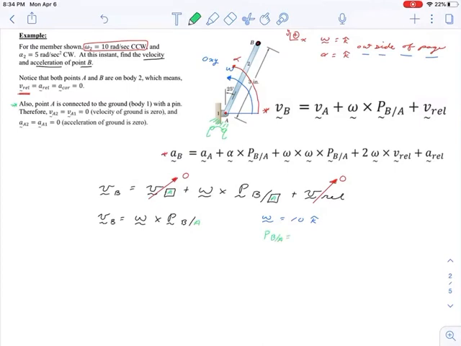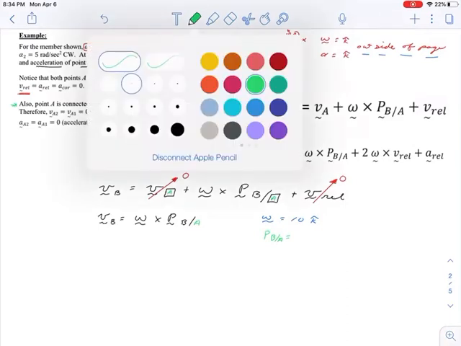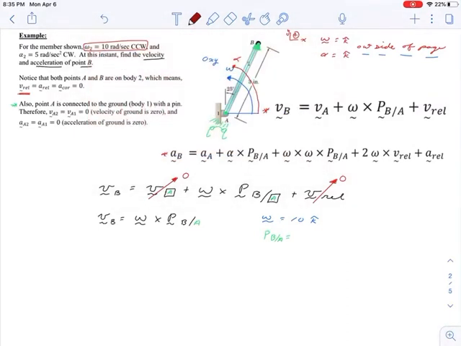Now remember, since we're observing B's motion relative to A, we're going to start at point A and we're going to fire off a vector straight to position B. Okay? And so how are we going to get to position B? Well, if this is the X, this is the Y, we're going to walk along here on the X-axis.